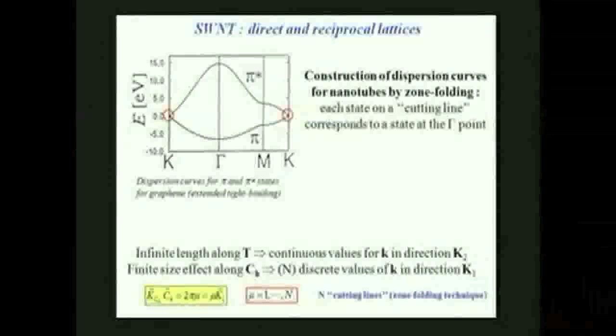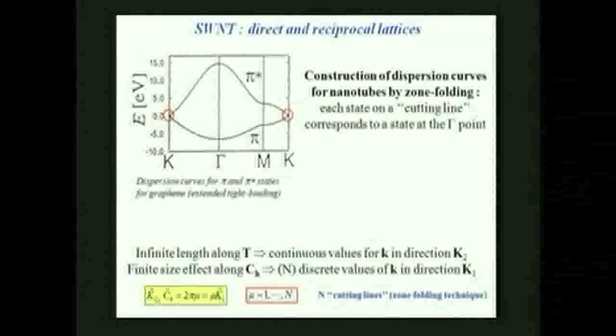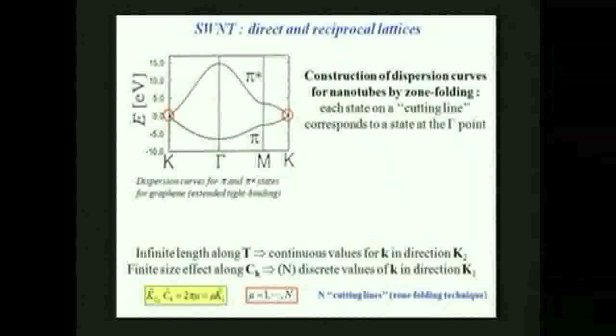So because you have quantized properties, because not all the wave vectors are allowed, not all the nanotubes will be metallic. The only nanotubes which will be metallic are the nanotubes which have a cutting line cutting the dispersion curves of graphene on this K point.